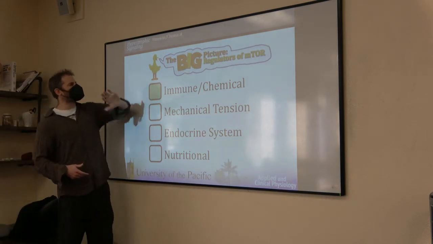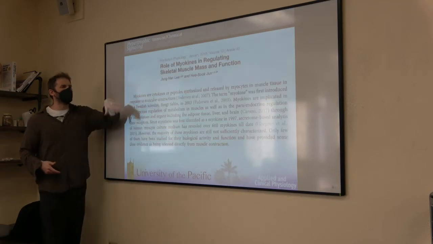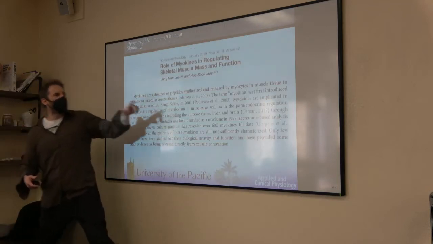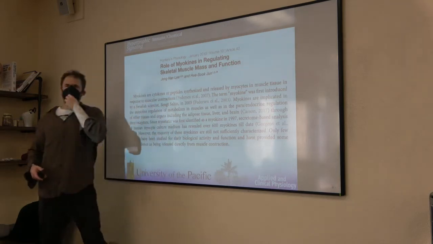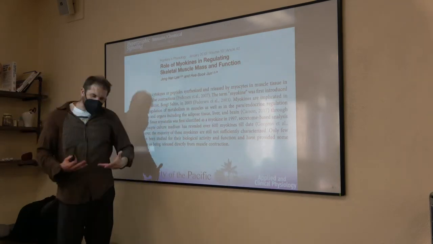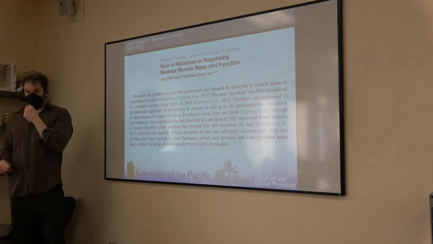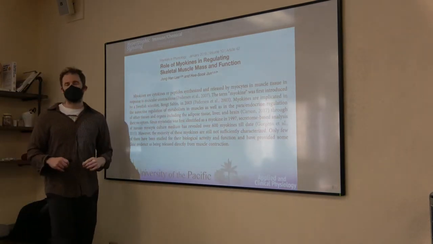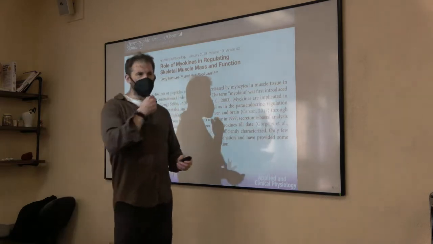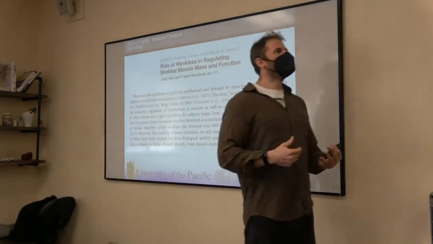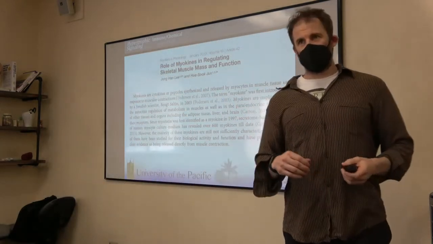Okay, so the big picture stuff, the immune, we'll just go through it really quickly, chemical and immune. Remember a myokine, tons of these things, just proteins. These are proteins that muscle releases. Go exercise and muscles release more than lactate. Go exercise and you're generating more than hydrogen ions.